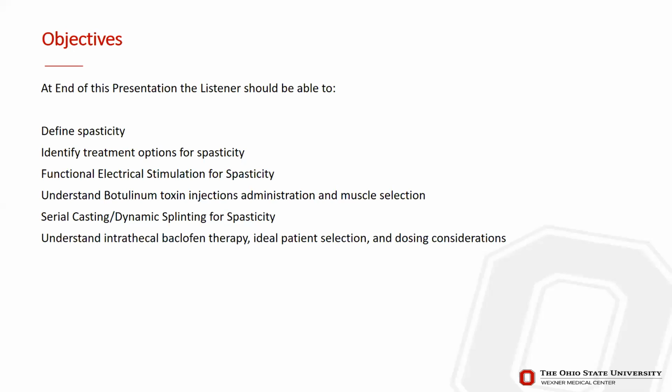And I'll be talking a little bit about some of the interventional things like botulinum toxin injections and baclofen, intrathecal baclofen therapies. So we're going to be pretty comprehensive. Today I'm really going to focus on some of the medical piece of it, more definitions and understanding just the basic overview of what spasticity is.